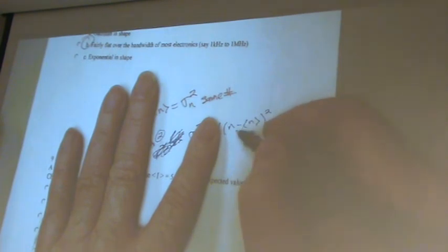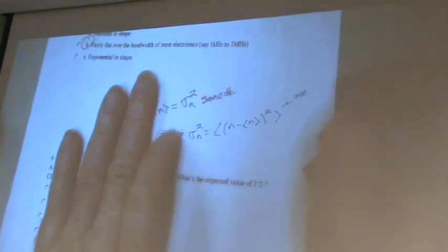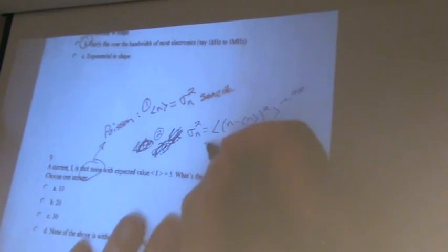Current minus the average value of current, square it, and then take the average of that. We showed that this can always be written this way.